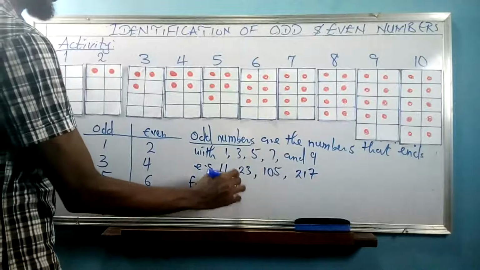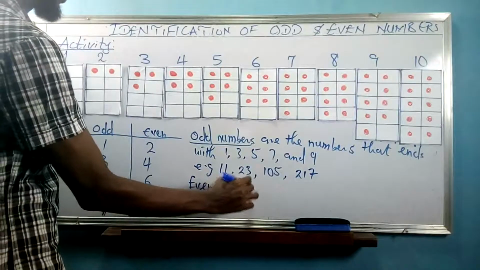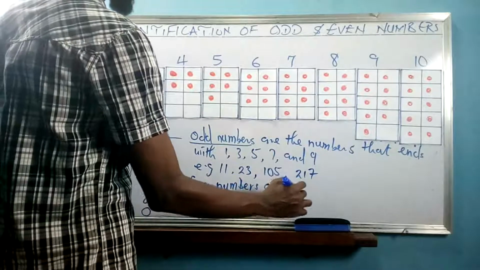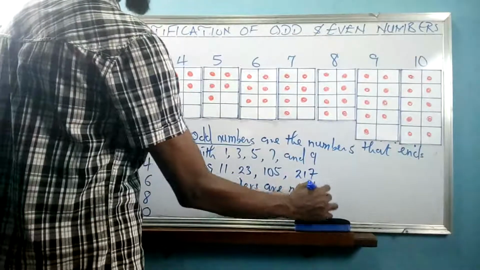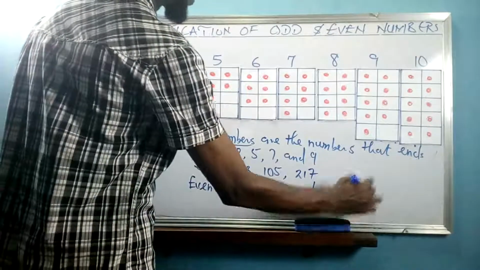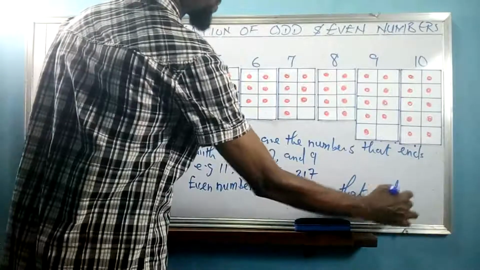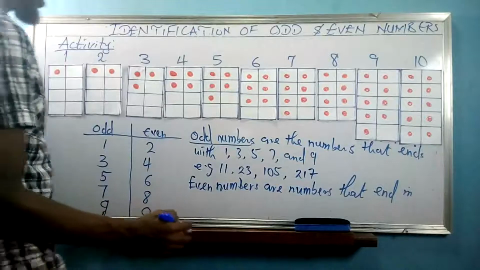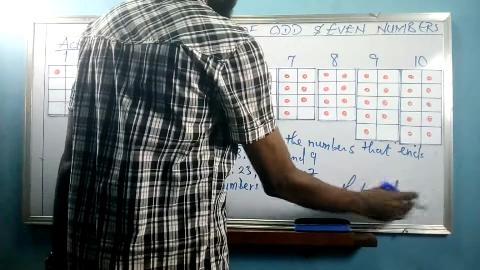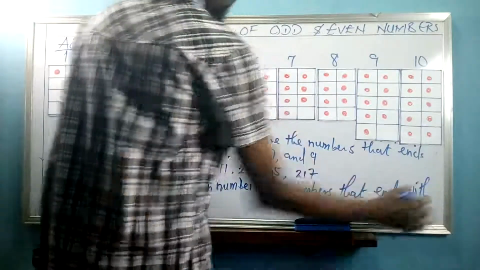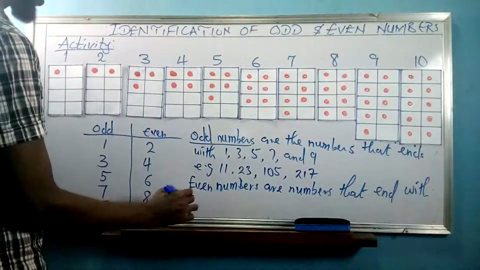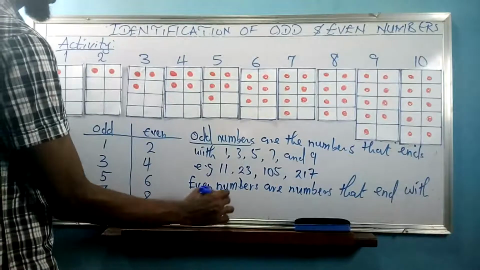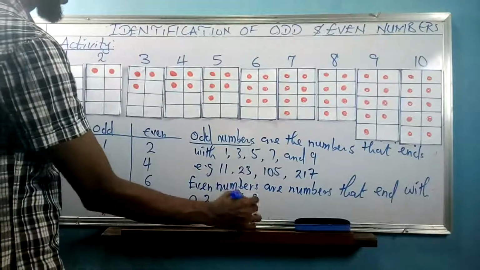Even numbers are numbers that end with 0, 2, 4, 6, 8.